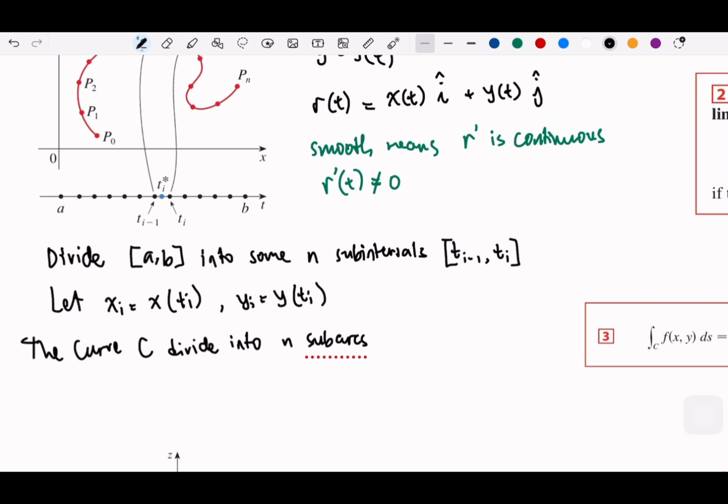So it's an arc, but we divide it into subarcs with lengths delta S1, delta S2, up to delta Sn. Okay, so delta S means the arc length. That is split from P0 to Pn, based on the interval a b.